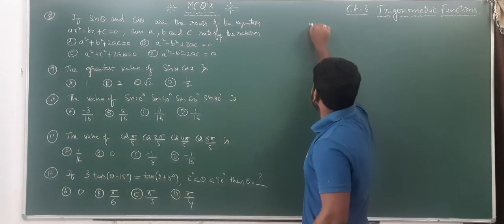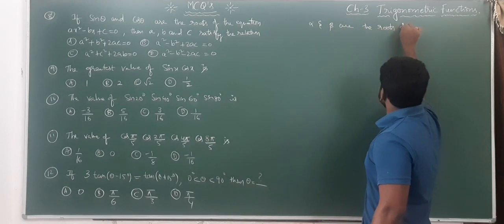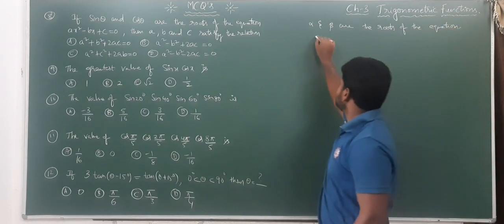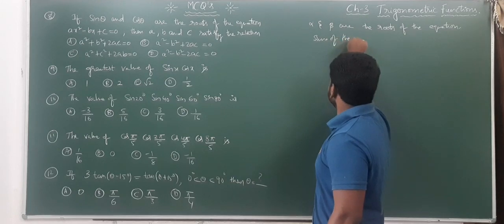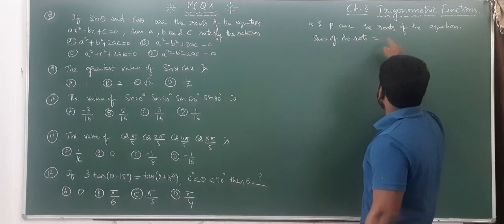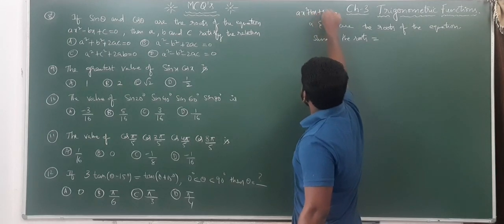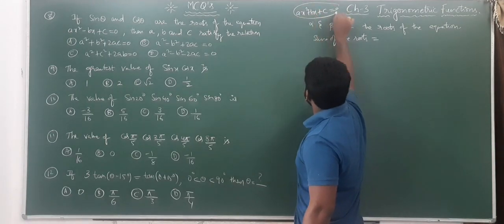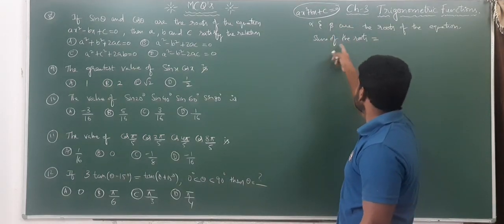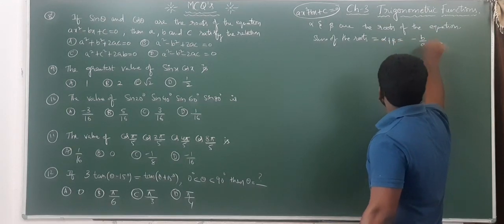For example, if alpha and beta are the roots of the equation, then we will call the sum of the roots, if for example in an equation ax square plus bx plus c equal to 0, if alpha and beta are the roots, then the sum of the roots, alpha plus beta, is equal to minus b by a.